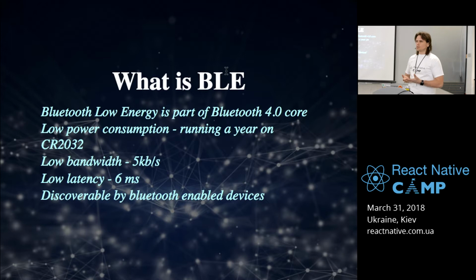The main feature of Bluetooth Low Energy is low power consumption. It can run a year on a CR2032. It's not a Terminator type, it's just a small battery we put inside the watch. Can show you. It looks like this.